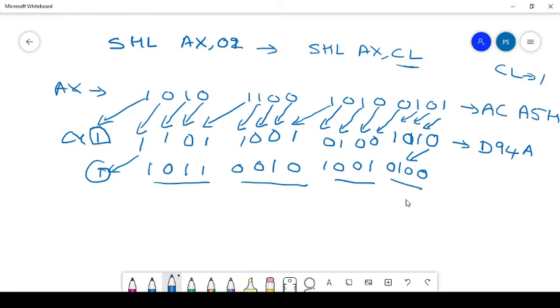Rotate left without carry. Rotate left or rotate right. First we'll go for, already here we are having a small SHR, therefore I will go for ROR.